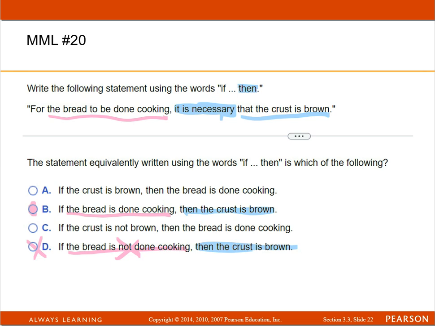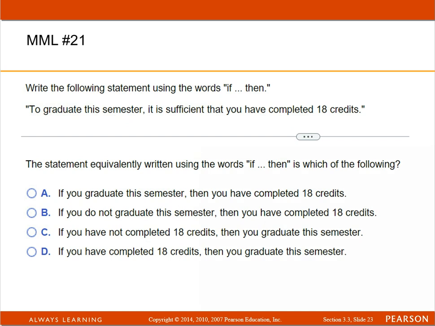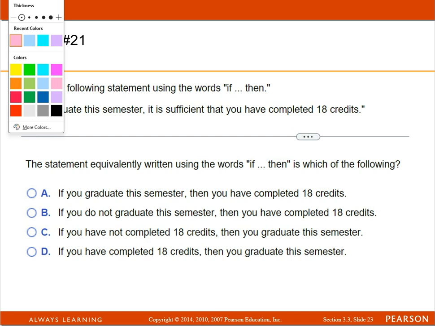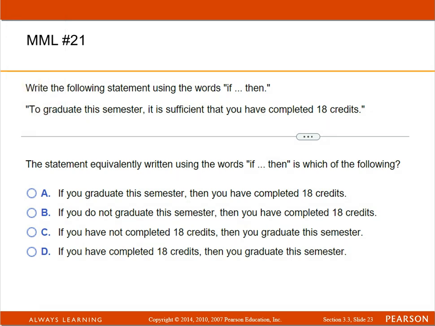And then the last one, whew, this one says, to graduate this semester, it is sufficient. Okay, so when they say it is sufficient, that goes with your hypothesis. It is sufficient that you have completed 18 credits.